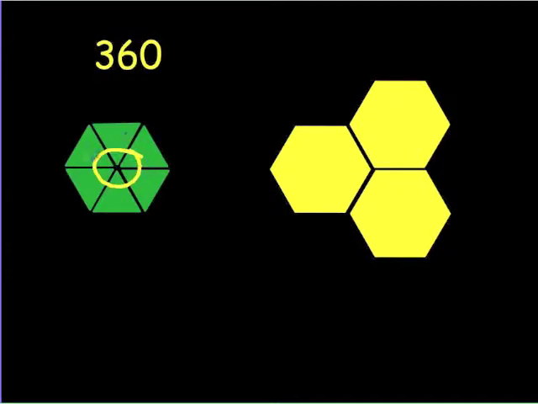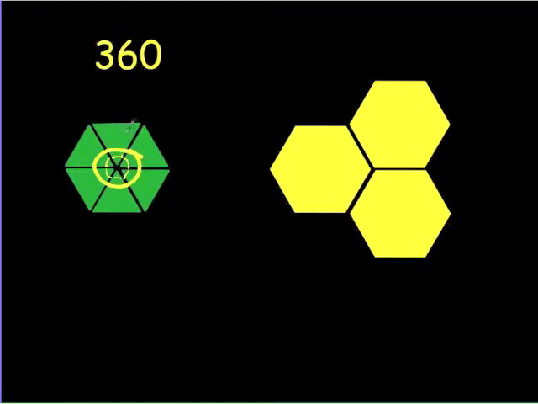So on this problem here, we've got 6 triangles together, and we want to know what each of the angles in a triangle is going to be. So if we look at this right here, these angles, what are those angles worth? What is the measure of those angles?